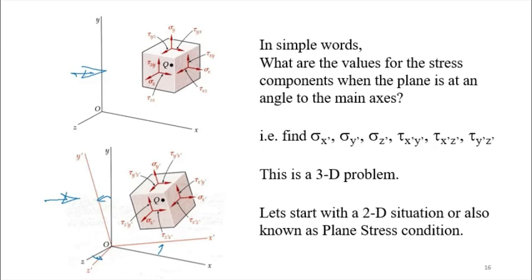In other words, we want to find sigma x prime, sigma y prime, sigma z prime, and also the three components of the shear stresses, tau x prime y prime, tau x prime z prime, and tau y prime z prime. So you'll find that this diagram here shows that it is a 3D problem.